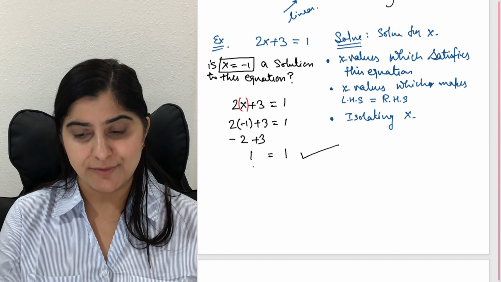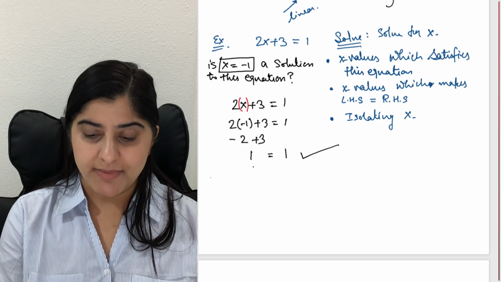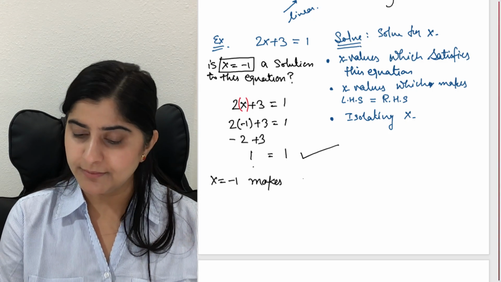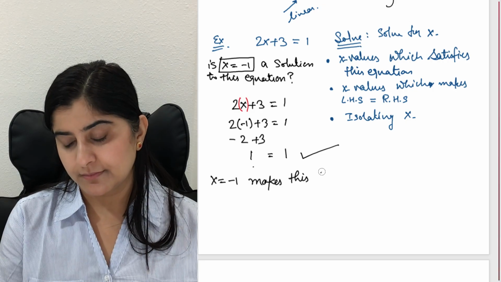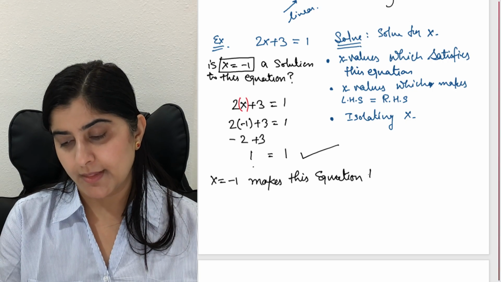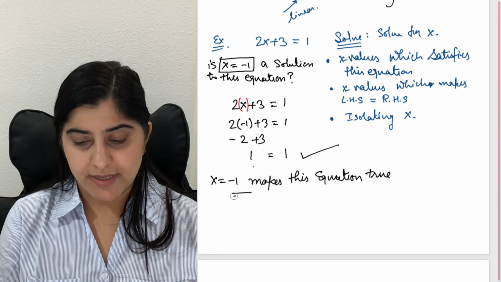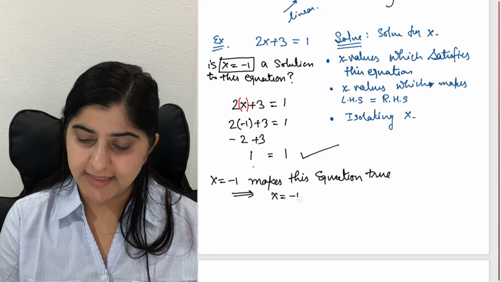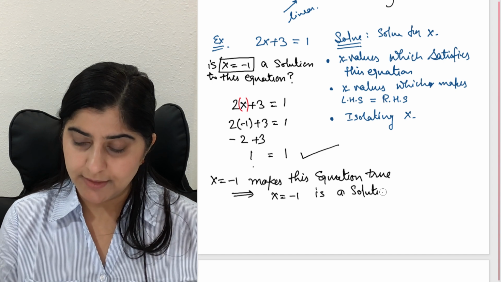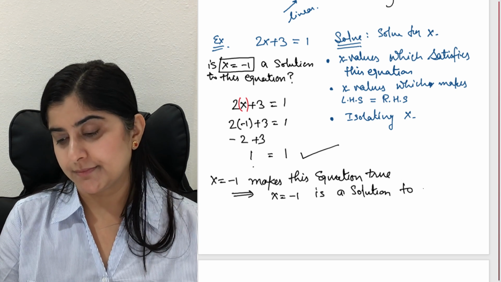So the left hand side is equal to the right hand side. That means x equal to minus 1 makes this equation true. So you can say that x equal to minus 1 is a solution to this equation.